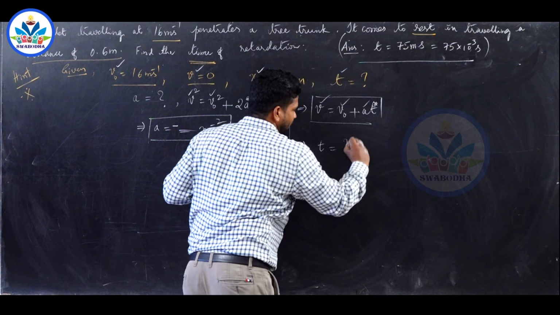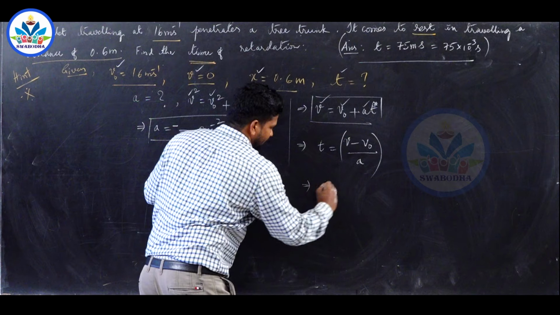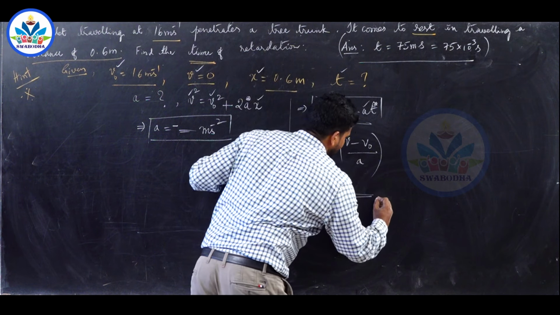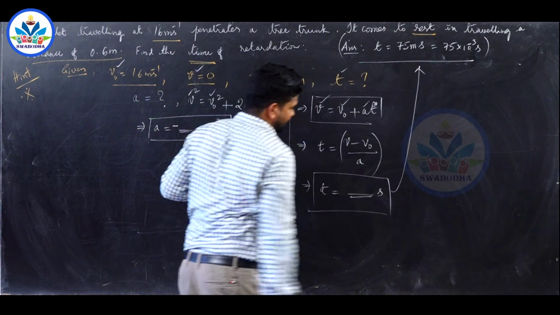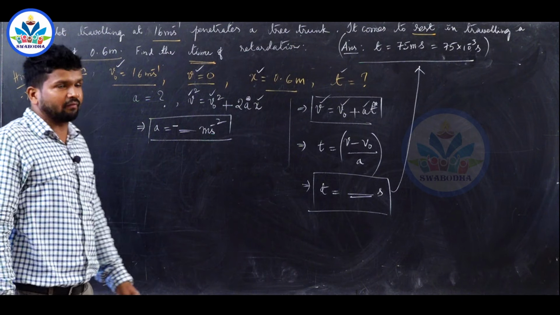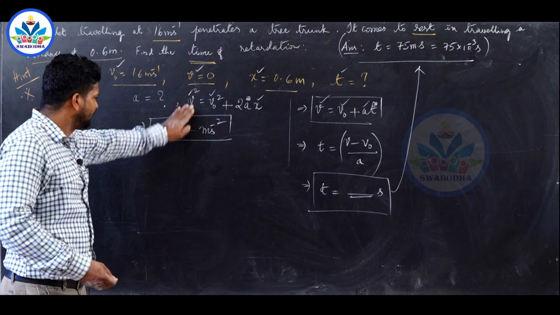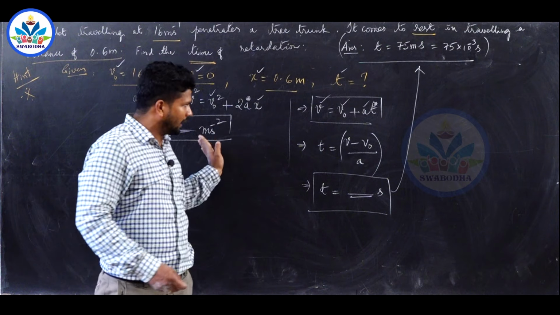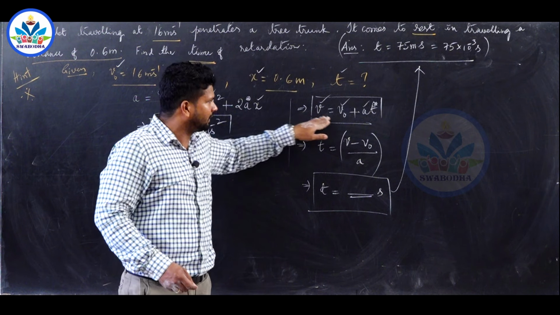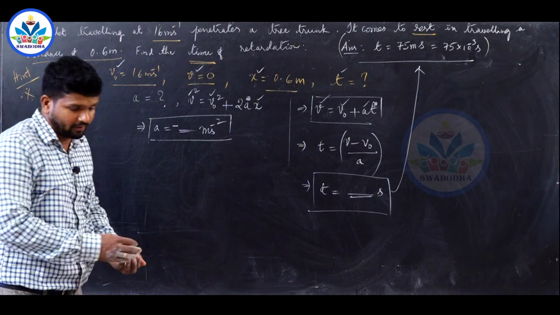Therefore, t equal to v minus v naught divided by a, and you will get some seconds. For this I have given the answer, t equal to 75 milliseconds. Similar repetition: third equation gives acceleration negative, then first equation, v equal to v naught plus at, arrange for t, and you get t equal to 75 milliseconds.